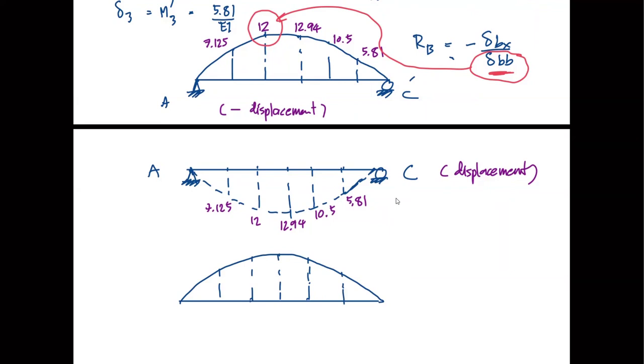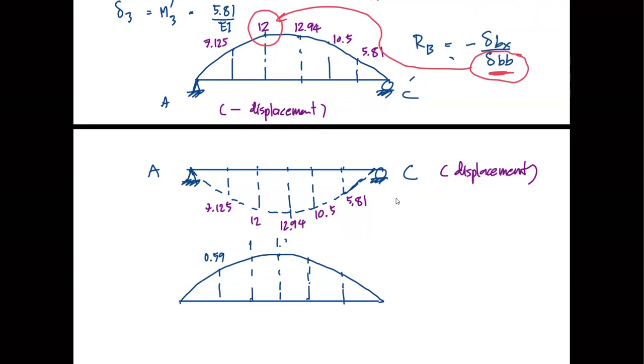Okay, this is 0.59, which comes from 7.125 divided by 12. And 12 divided by 12, that is 1, because that's where B is, right? And the value of the influence line at the reaction itself should be equal to 1. And here is 12.94 divided by 12, so it's slightly over 1.